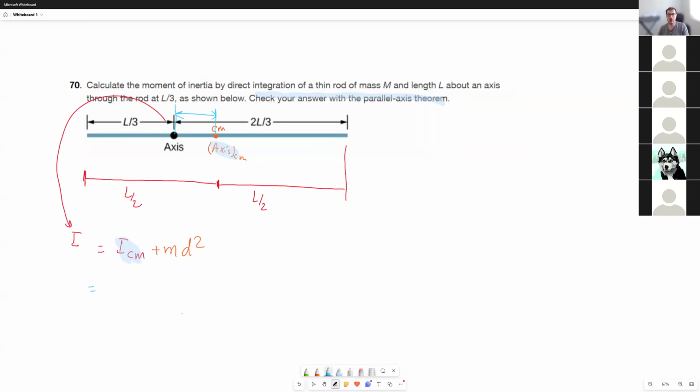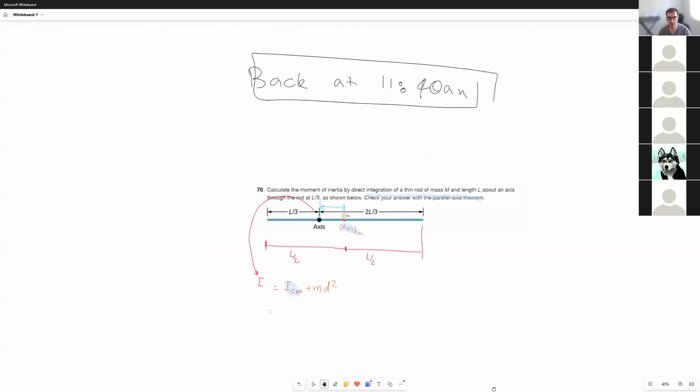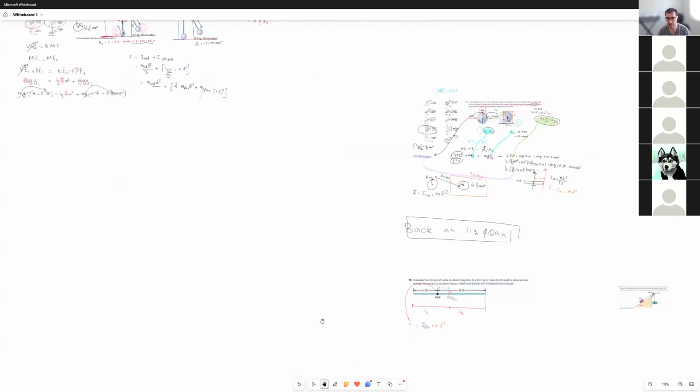I passing through the center of mass. What is it?